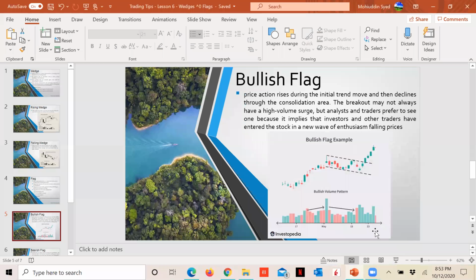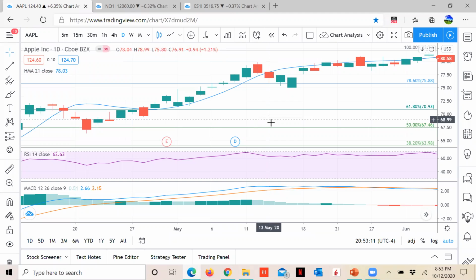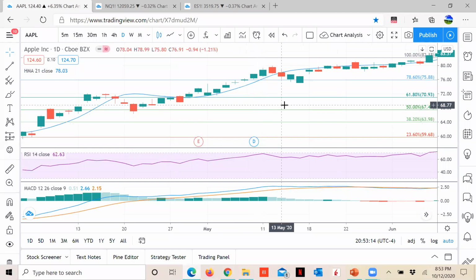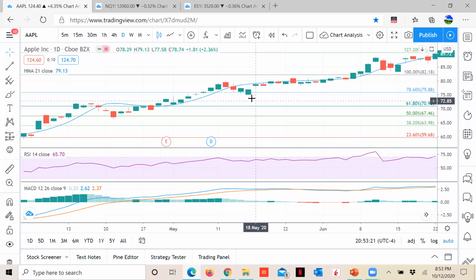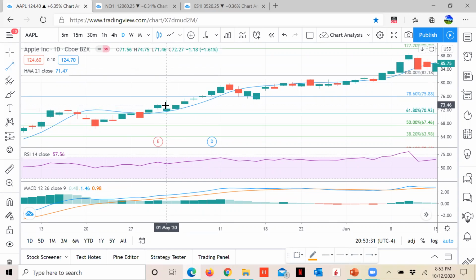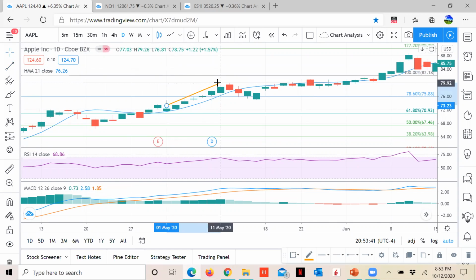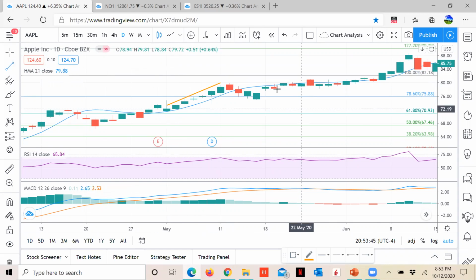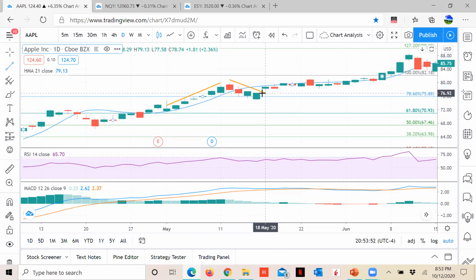Let's take a look at the flag. So let's say this is the pole. Trend line. Consolidation channel.